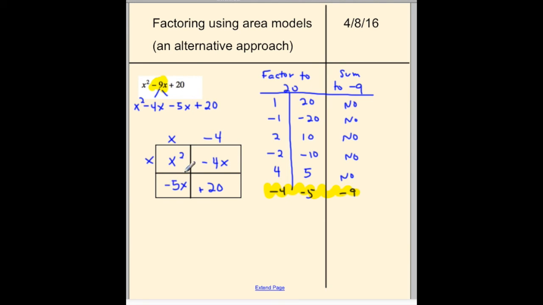And x times what gives us negative 5x? Well, that would be negative 5. And we can check by saying, is negative 4 times negative 5 positive 20? And indeed it is. So x minus 4 times x minus 5 are our two binomial lengths that when multiplied together give us that area.